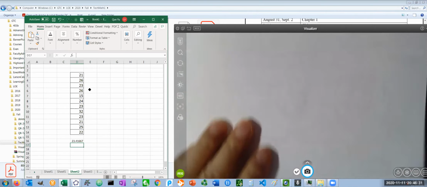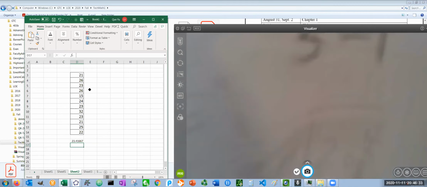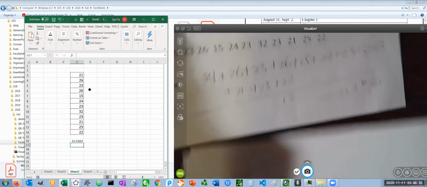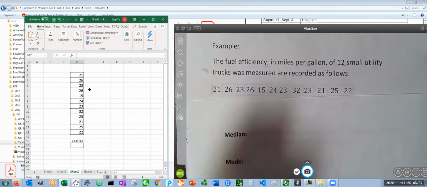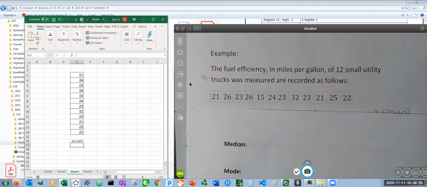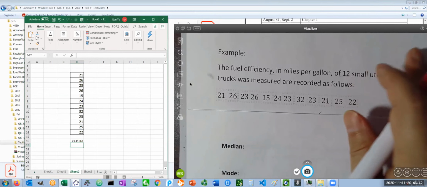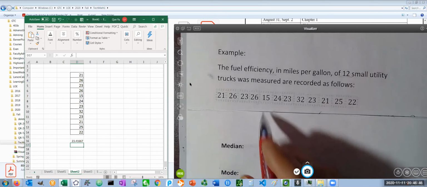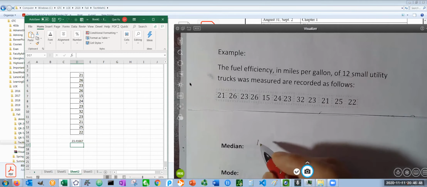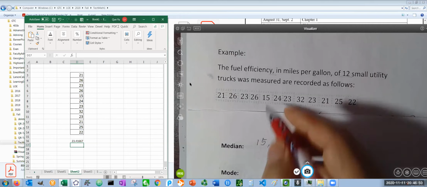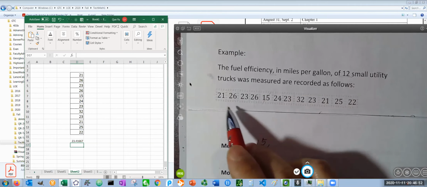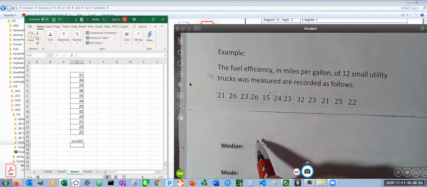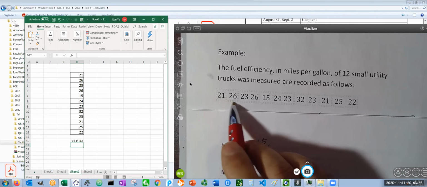Now the median. We have these numbers. We are going to line them up. Let's say the smallest is the single digit, 15. That's gone. Now let's look at 20. Do we have 20? We don't have 20.